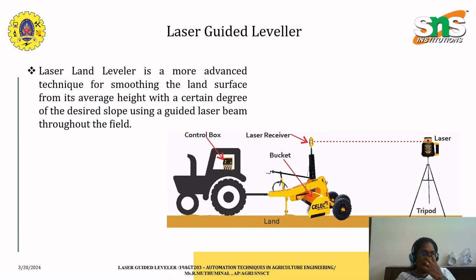The laser guided leveler is a more advanced technique for smoothing the land surface from its average height with a certain degree of desired slope using a guided laser beam throughout the field.